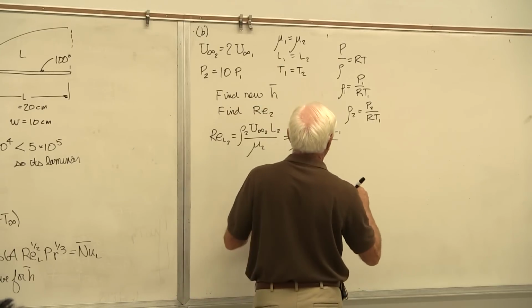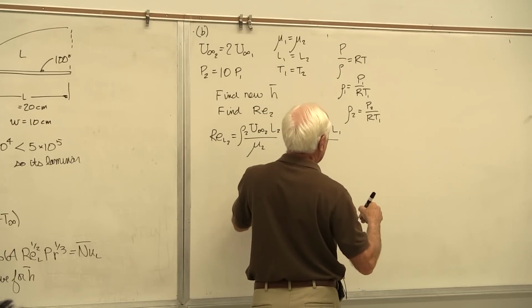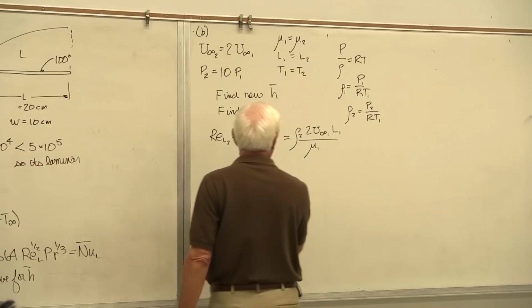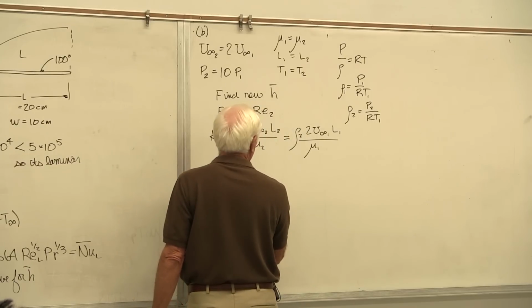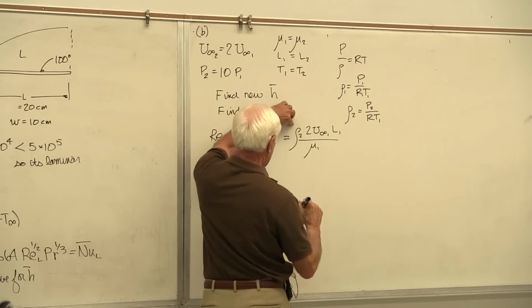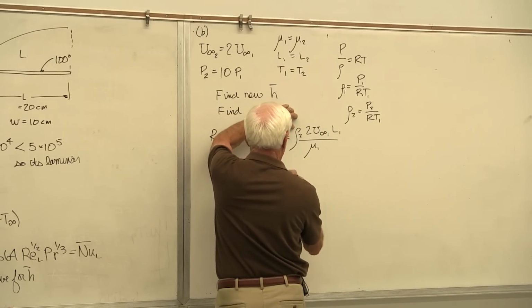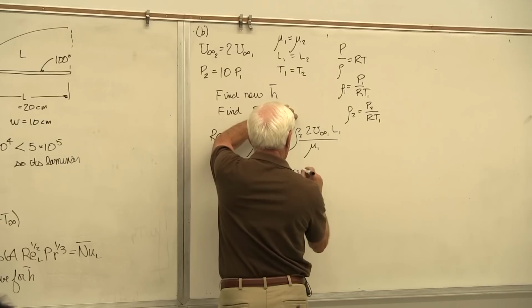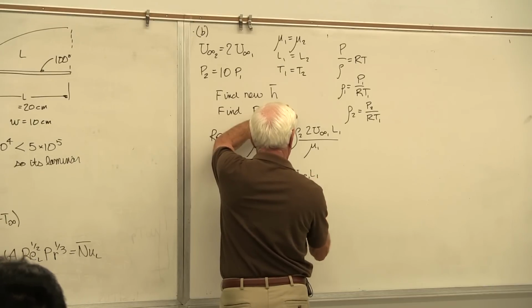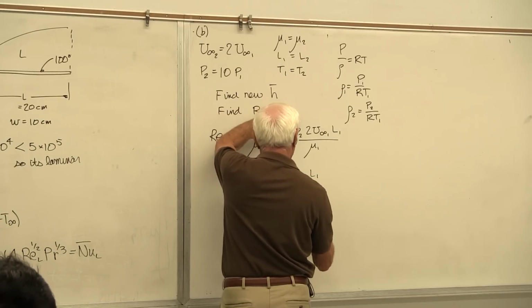Okay, so put that in here. Equal P2 over RT2, that's this guy right here, times 2 u infinity 1 L1 divided by mu 1.